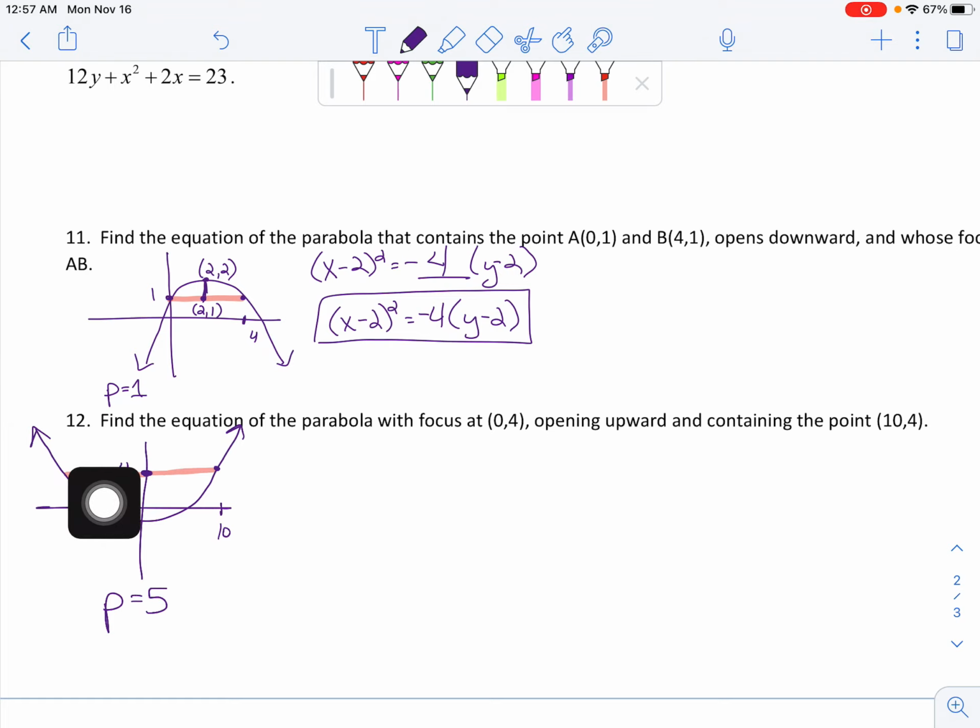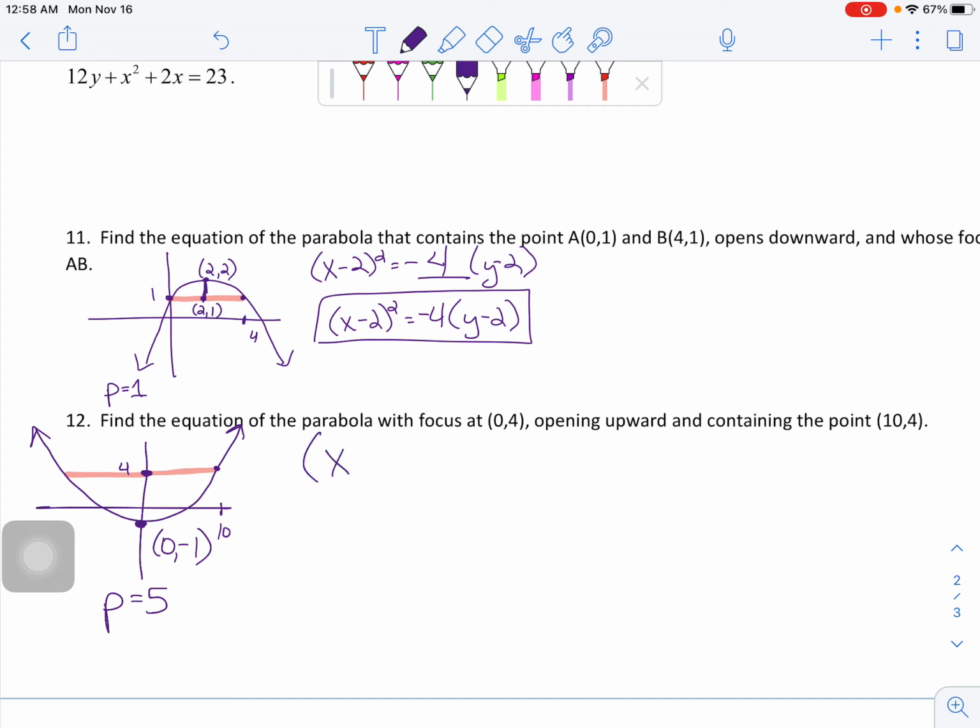All right. So if this focus is at the point 0, 4, I want to go 5 units lower than that to get my vertex down here at 0, -1. So now that I have my vertex and my focal distance, I can write an equation.